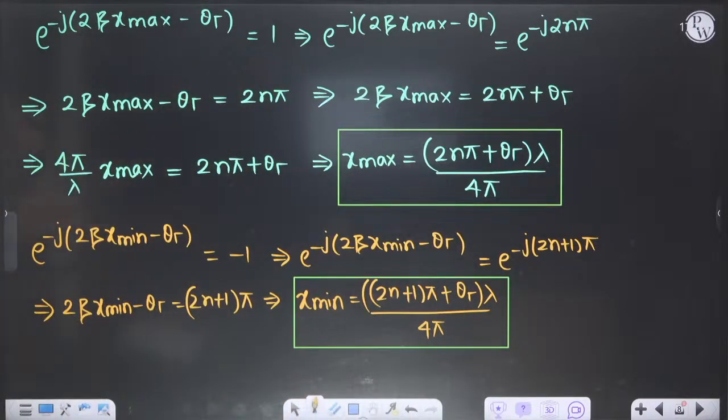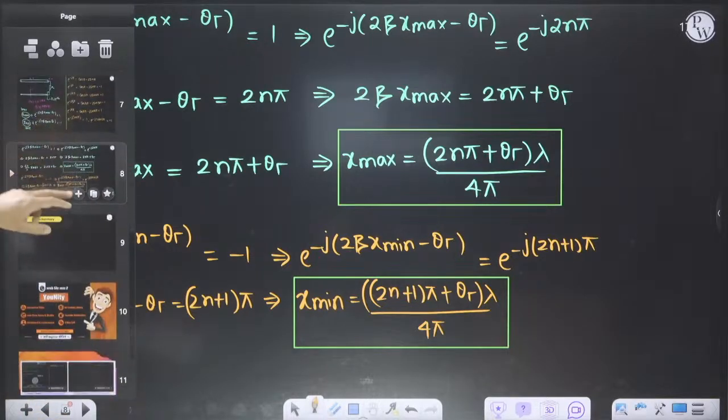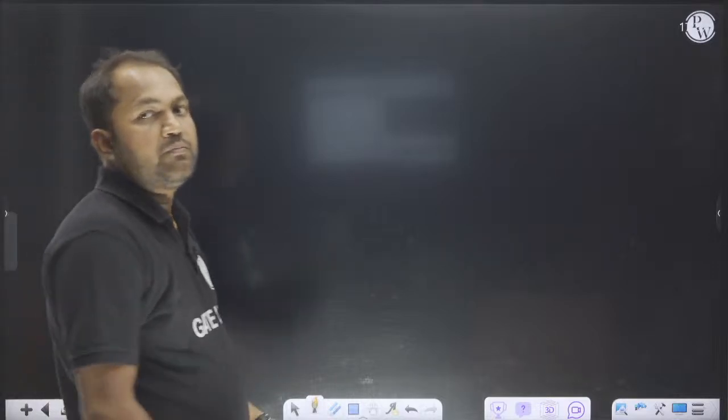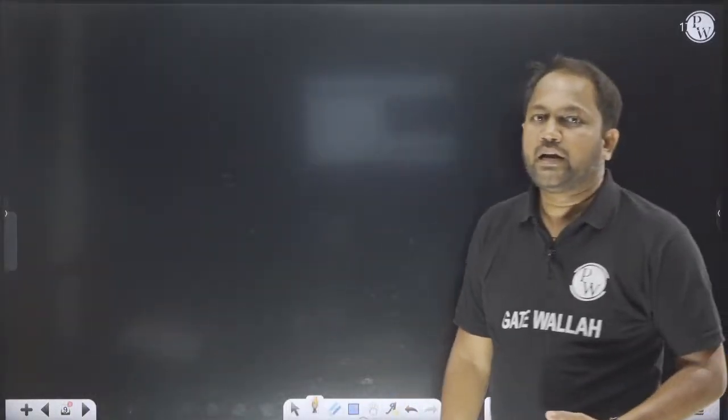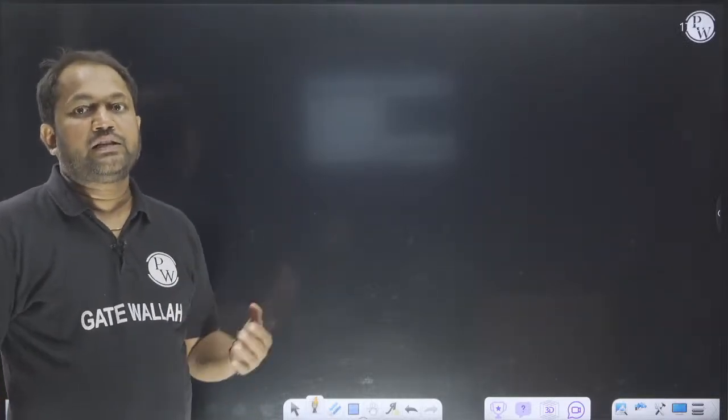Then we will go through some mathematical analysis regarding VSWR. What is the mathematical analysis? We will take different values of ZL, plot the VSWR, and analyze it.